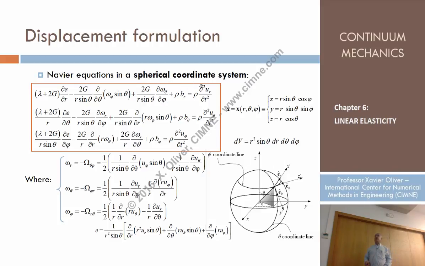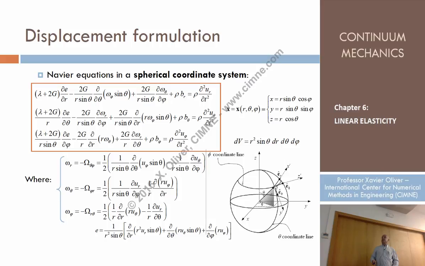You know, in the spherical coordinate system, when the geometry of the problem and the loading system keep this spherical symmetry, then we work in spherical coordinates. You know that the coordinates are the radial coordinate, which is that one, the parallel coordinate, which is that one, and the azimuthal coordinate, which is that one. The meridian. So it's like looking at the Earth as a sphere. That would be parallels, and that would be meridians, right?